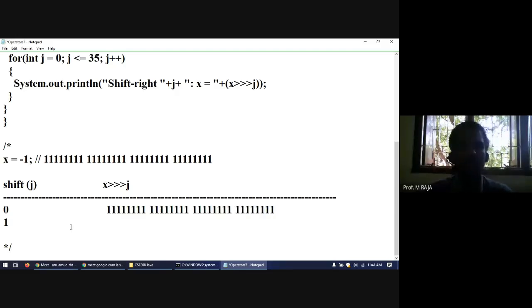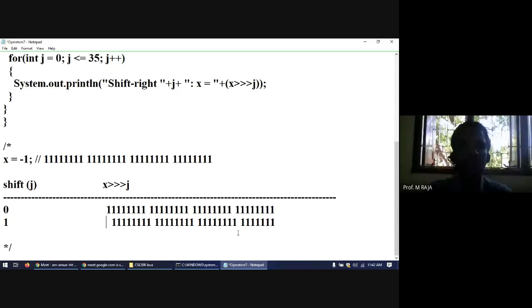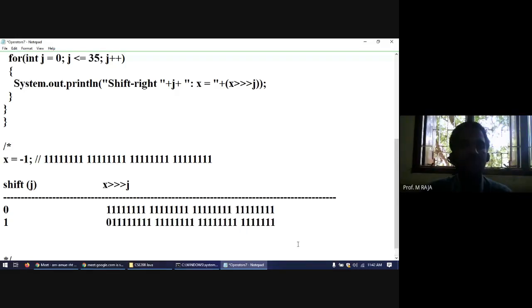So this is the effect. And this LSB 1 is lost. What about the new MSB? New MSB is 0, because this operator inserts a 0 into the new MSB position.